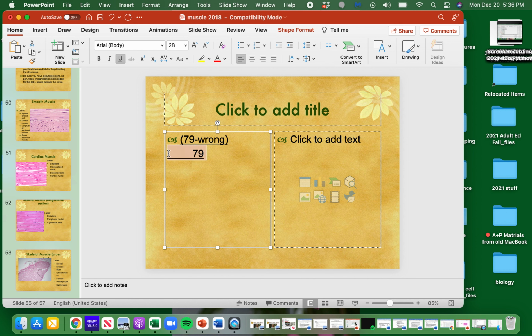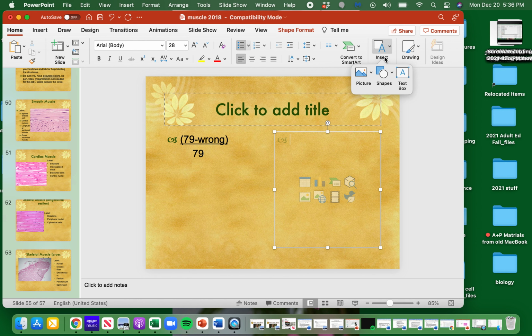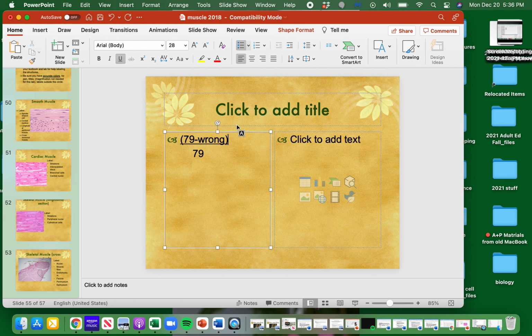That will give you your percentage. Whatever it is that you equal times 50 equals your score.